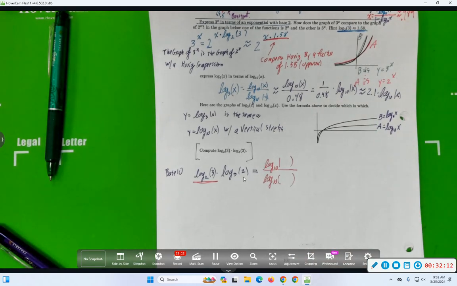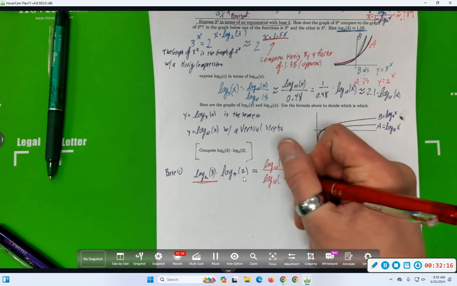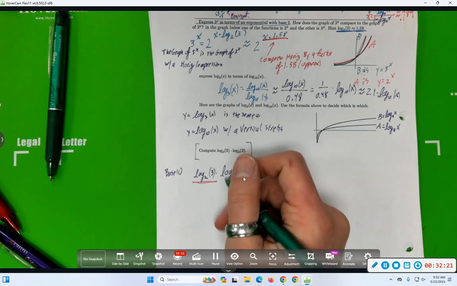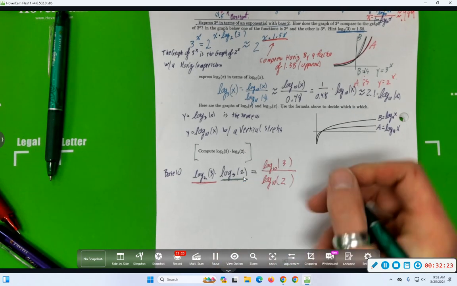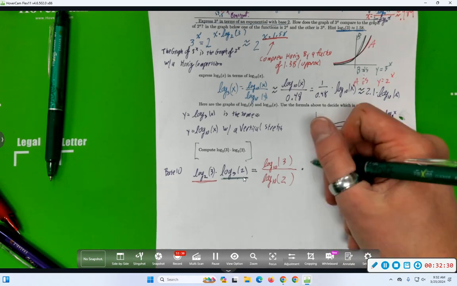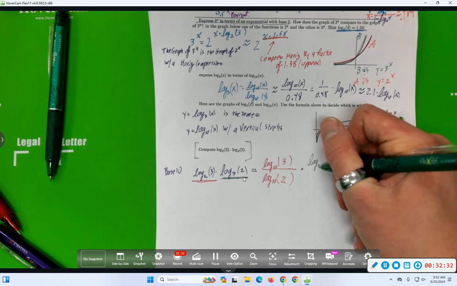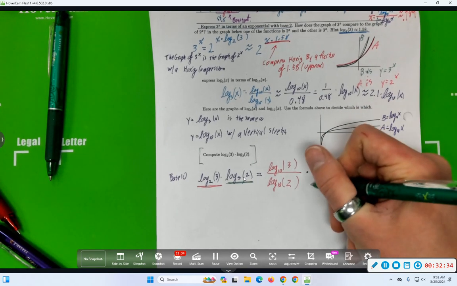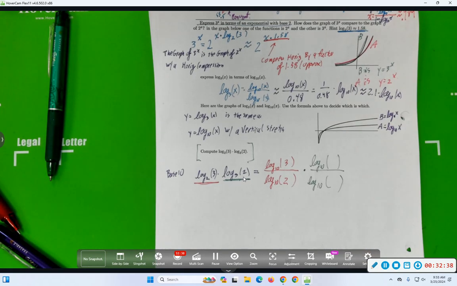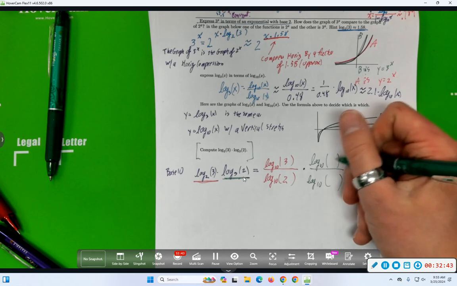What goes in those two parentheses? 3 and 2. Awesome. Let's also do this one. Same question, but log base 3 of 2. What goes in the parentheses on top? 2. And on bottom? 3.